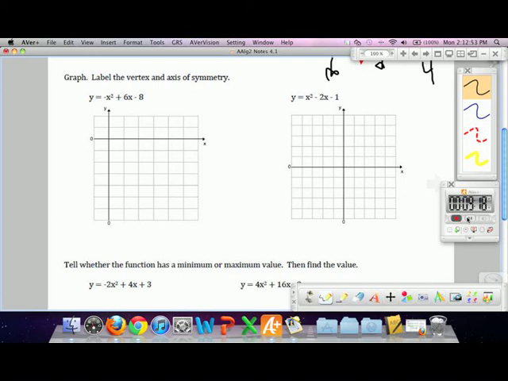That's actually less efficient than using these facts about a parabola. In particular, if you find the vertex and the axis of symmetry and plot them on your graph, then we can graph these very quickly.